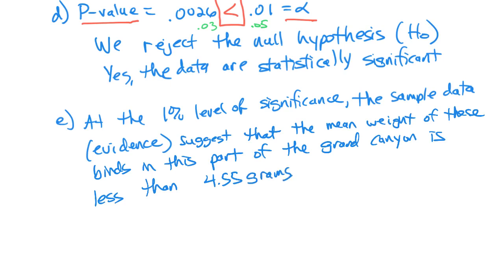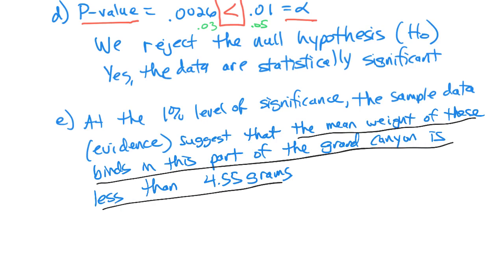So if you look at what I just wrote here, that whole thing is just H sub 1 in words. That's the alternate hypothesis in words. And I got those words right from the question.